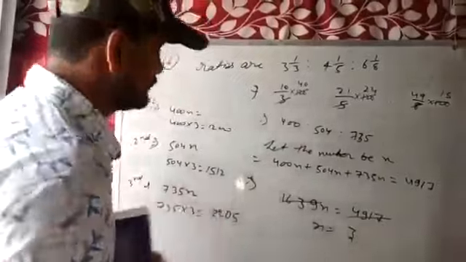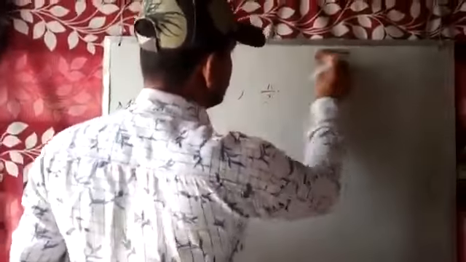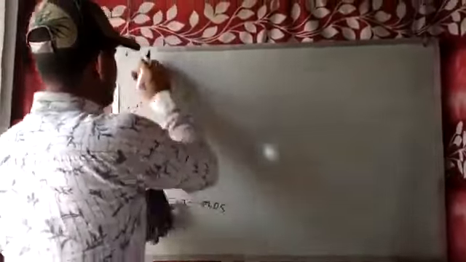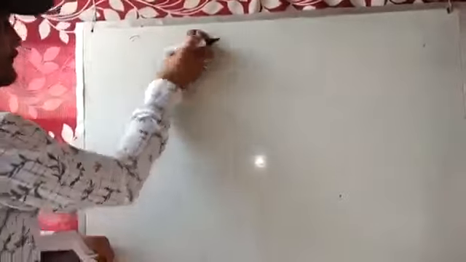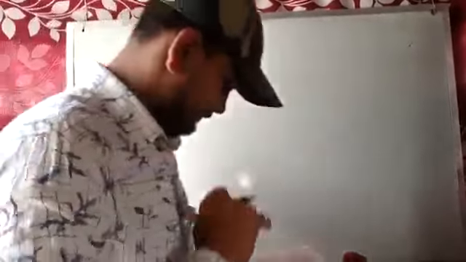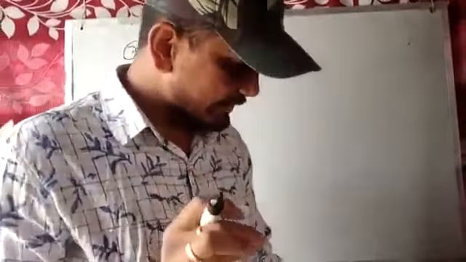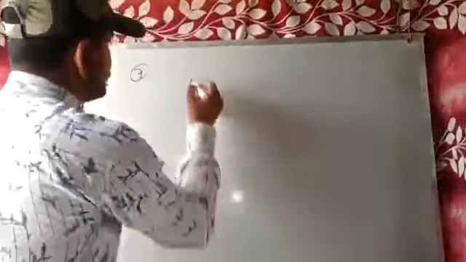Now question number 7. The ratio between two quantities is 3:4. If the first is 810. Okay.